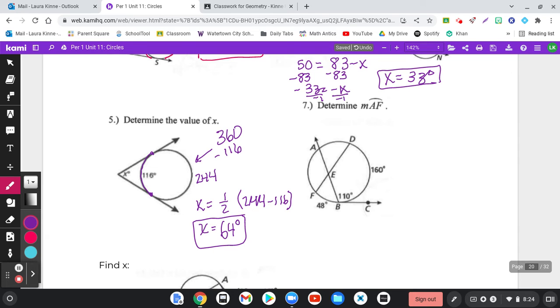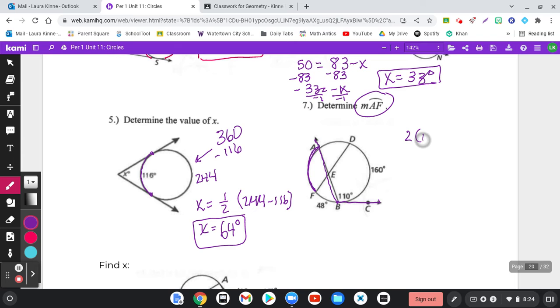Okay, this one's kind of different. It wants you to find the measure of AF. Okay, well, first of all, we're going to use that first rule that we talked about. If you look at this angle right here, 110, it's half of its arc.